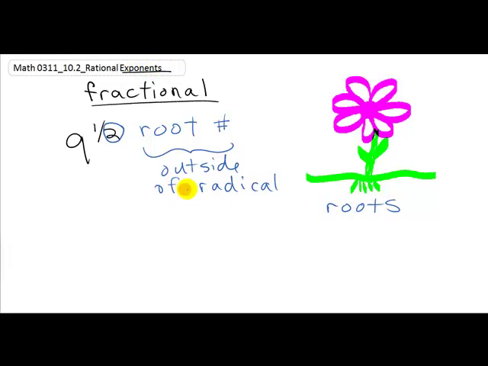Rational, exponents, radical. So what we're going to do when we have this situation is we're going to rewrite this fractional exponent into something that makes a little more sense. So if this is my root and it's the radical, then that means the 2 is here.